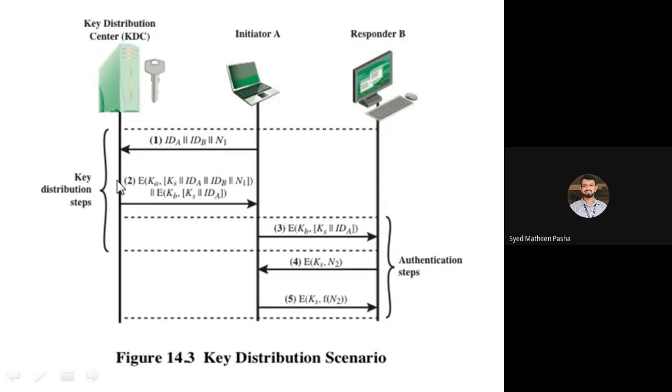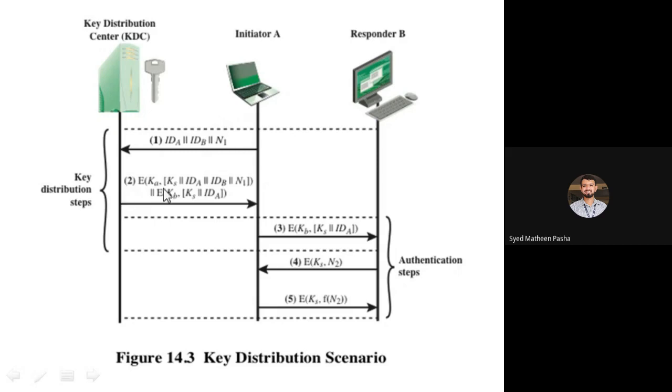The KDC will return whatever was asked, that is, the information the initiator has asked for. So the server, the KDC, is passing that. You can see it is encrypting the keys and sending the data to initiator A. This is in response to the request sent by initiator A, asking for service with the help of IDs and the number of keys.